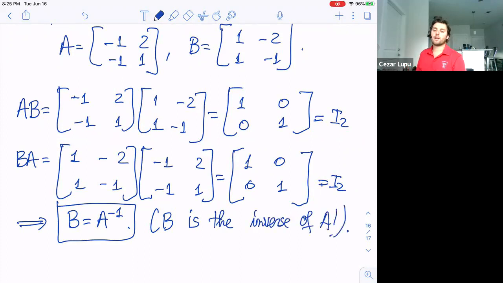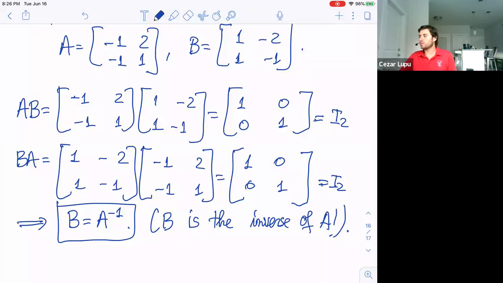But wait a second. Here you can argue that, all right, you told us to show that this matrix is the inverse of this matrix. But what if you give us a matrix and you ask us to find the inverse of that matrix?